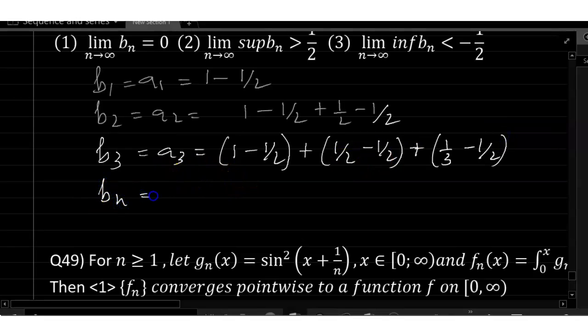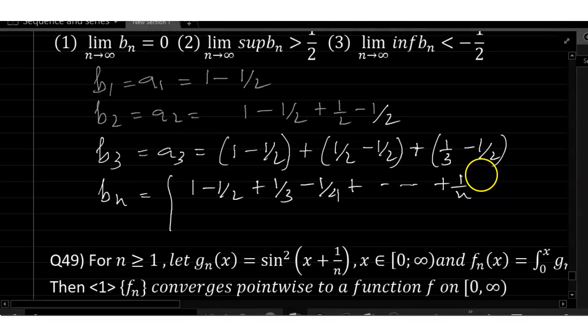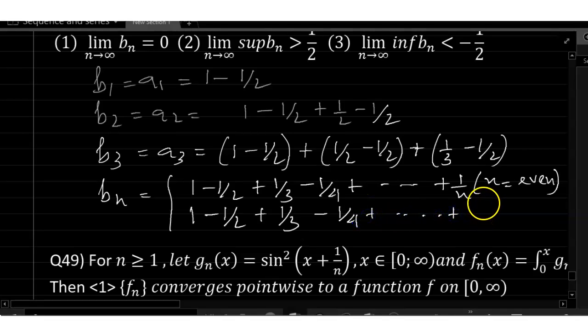So b_n you can write as 1 minus half plus 1 by 3 minus 1 by 4 plus up to plus 1 by n, where n is even, and 1 minus half plus 1 by 3 minus 1 by 4 plus up to 1 by n minus half.